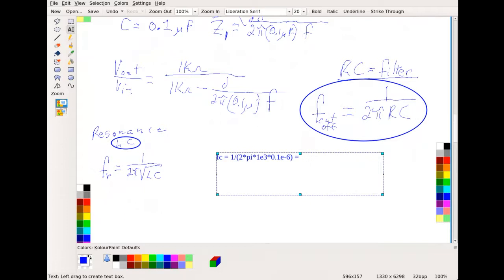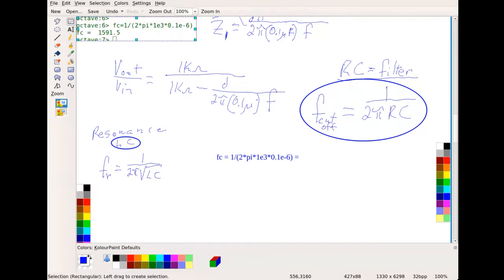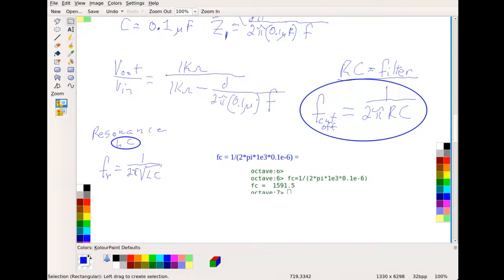And so if I pop over to my Octave calculator here, I get that the cutoff frequency is 1591 hertz.